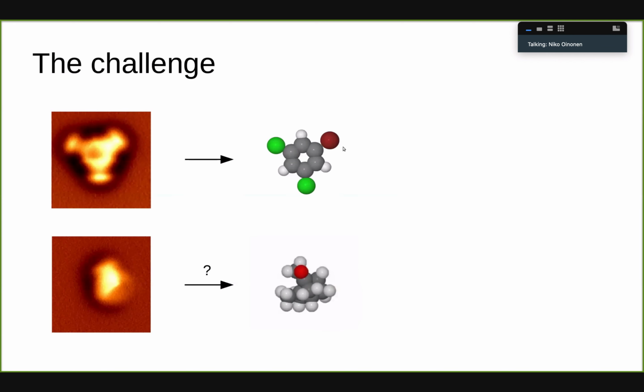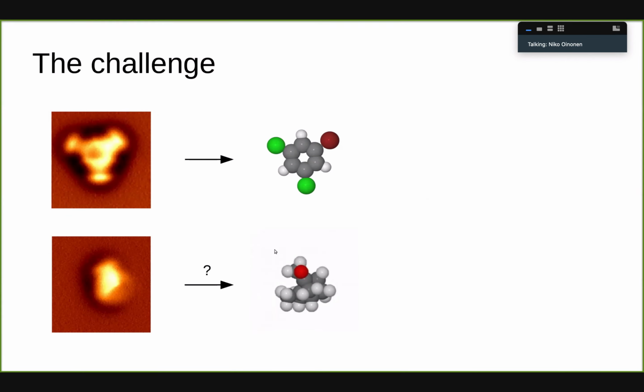But of course, not all is perfect in the world. So mostly the AFM imaging is now limited to fairly flat sample geometries. For example, if we have this bromodichlorobenzene molecule here, in these kinds of cases, it's fairly easy to map the contrast seen in the image to the geometry of the sample.